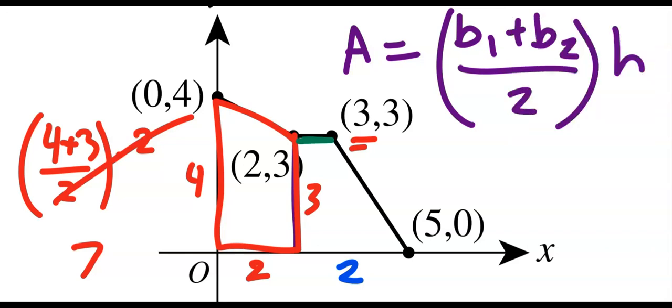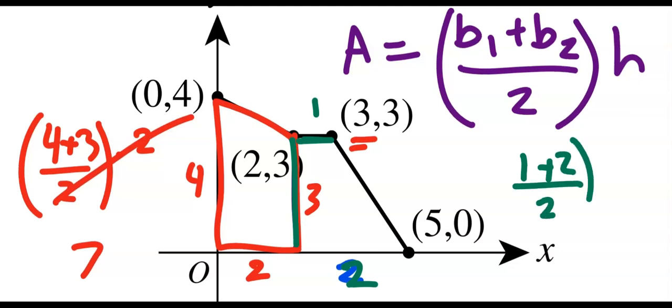Okay, we've got a base here of 1 and a base down there of 2, and obviously a height of 3. So 1 plus 2 over 2 times 3.